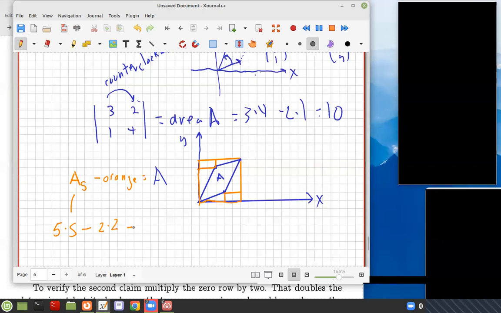And each area of the triangle is 1/2 the base times the height. That's 1/2 times 3 times 1. That's this area and this area. Then there's this one and this one, which is 2 times 1/2 times 4 times 2.